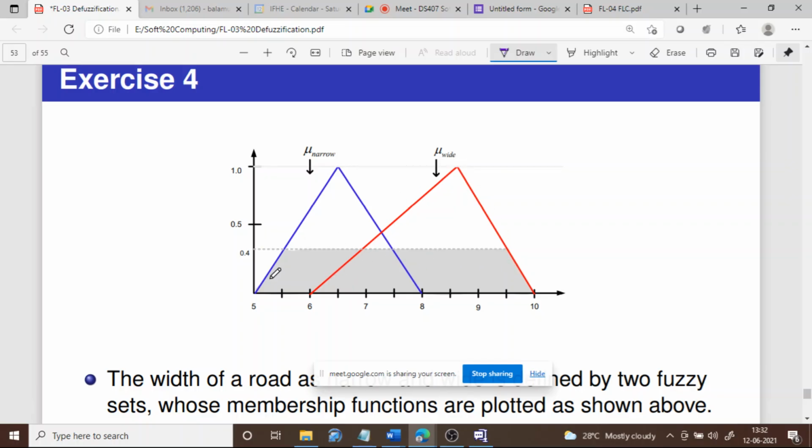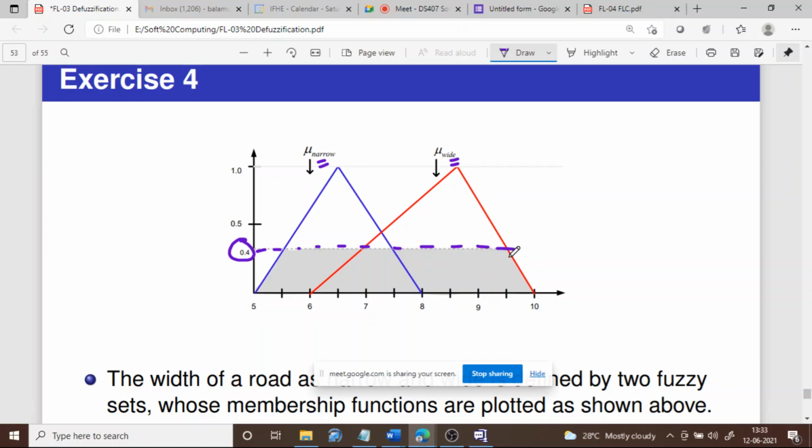For a particular road, you got a membership value of 0.4. Now if you draw a horizontal line, this membership function takes value in this region.